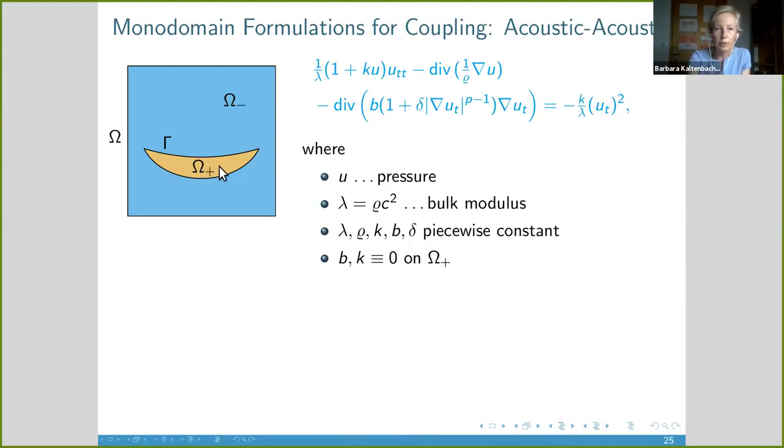It's always the acoustic pressure inside and outside the lens. It just comes with different material parameters. And actually inside the lens, one would expect that the sound propagation is still linear and also basically without any damping. So both the nonlinearity parameter and the damping parameter can be set to 0 in there. And outside it will be non-zero.